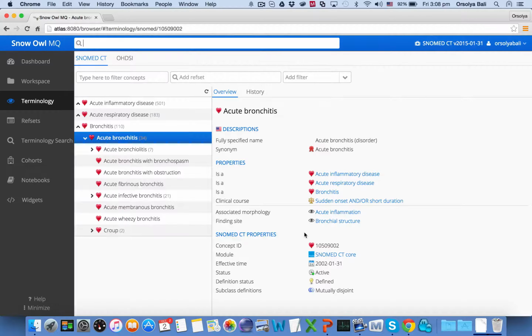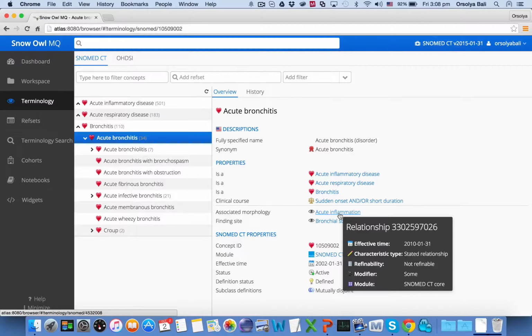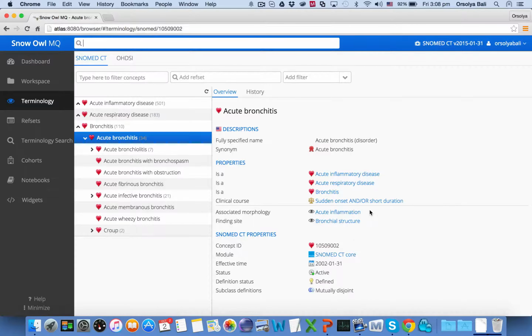So for this case, if we don't consider the hierarchical properties because they provide a categorization, we can see that this is an acute, sudden onset and or short duration disease. It is associated with morphology which is called acute inflammation, and the finding site is the bronchial structure.